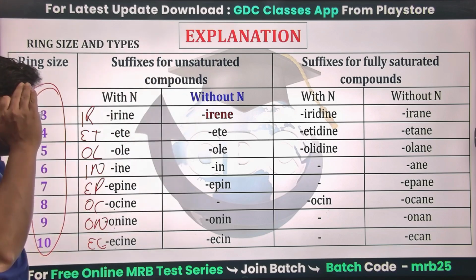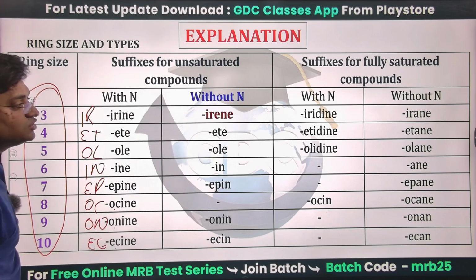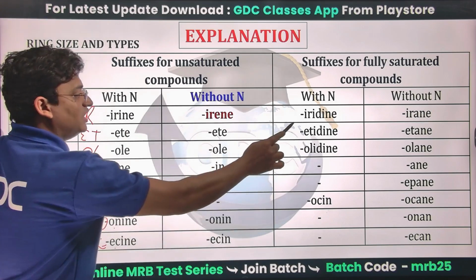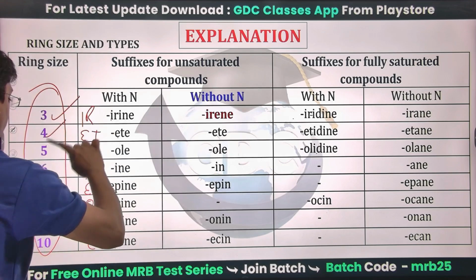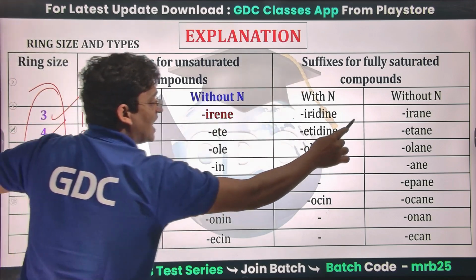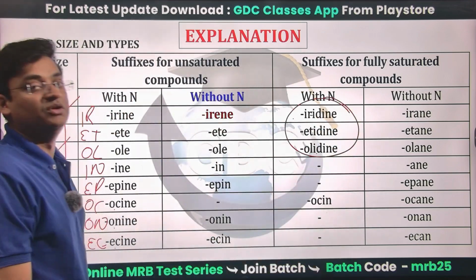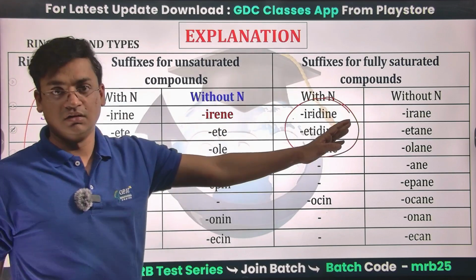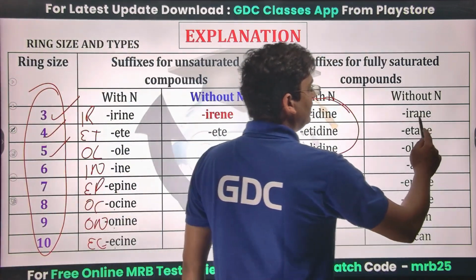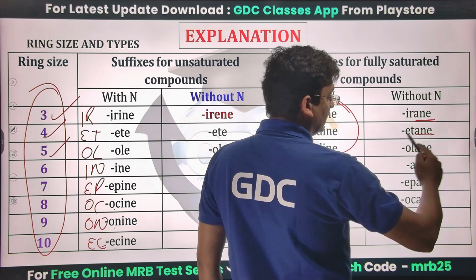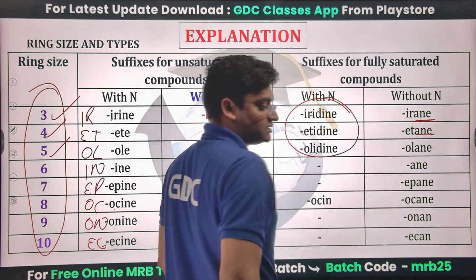So if it is saturated with nitrogen, then for 3, 4, 5 member, we will be using only idine at the end. But if it is saturated without nitrogen, then we will be having ane at the end. Irane, etane, olane. Okay, so like this.